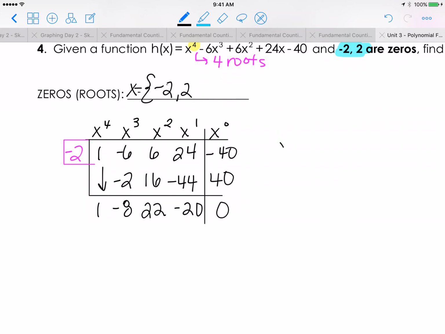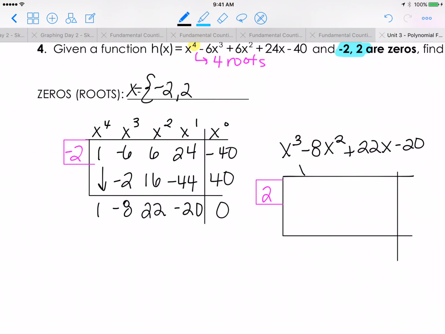So this could be x to the 3rd minus 8x squared plus 22x minus 20. And then I would have to do it again. So those of you who don't like the double 4 that I've taught you, make your own 4 again. This time you're going to use the other given root. So that would be a positive 2.